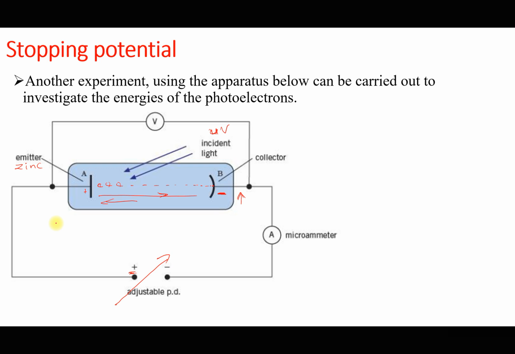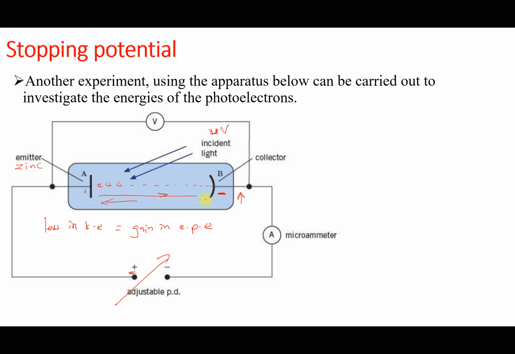In other words, the electron gains electric potential energy. The gain in electric potential energy is at the expense of the kinetic energy of the electron. So as the electron moves from A to B, it loses kinetic energy. I'll say the loss in kinetic energy is equal to the gain in electric potential energy. Because it is moving against the field, work is done.